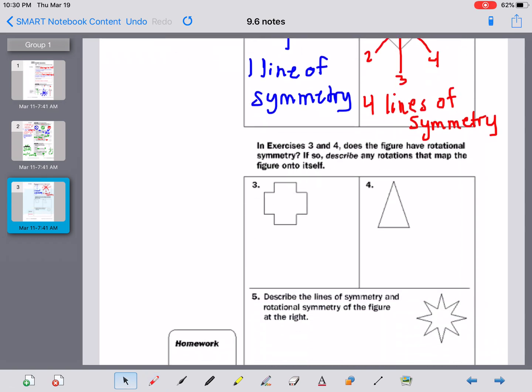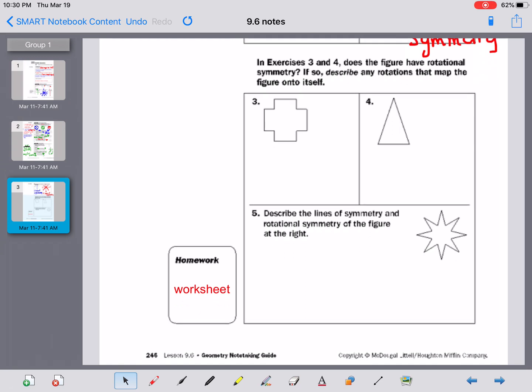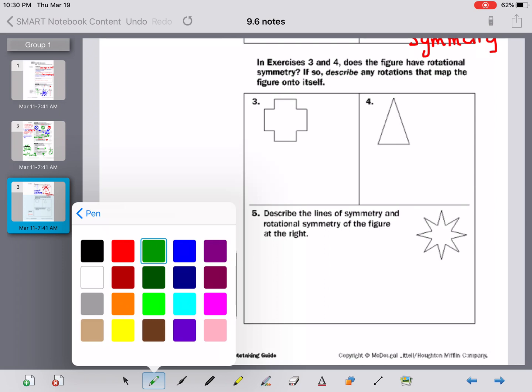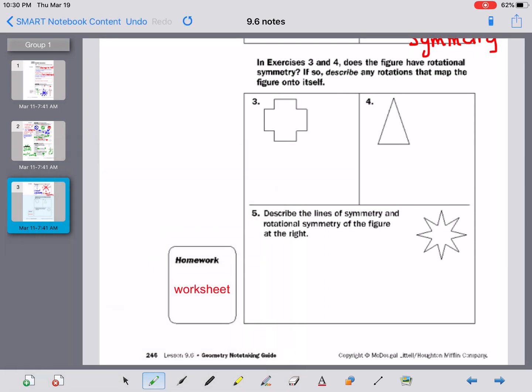All right, moving on to 3 or 4, we're going to switch back to rotational symmetry. Okay, so I'm looking here and I'm saying, can I rotate this figure and it lands back on itself? So I'm going to actually look at this kind of center point that's easier for my visual. If I map it, I could turn it right there. It could land right there. It could land there.